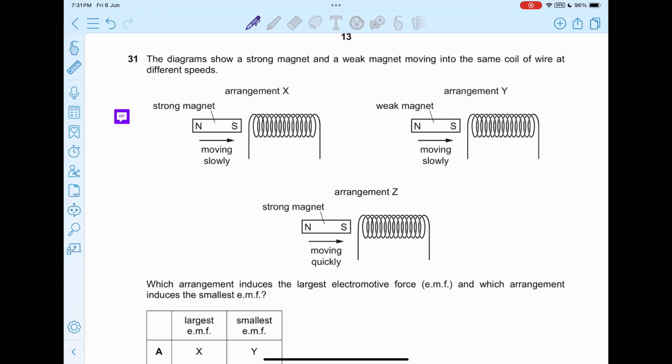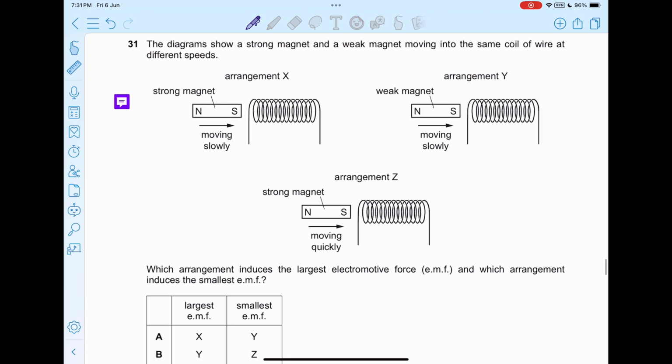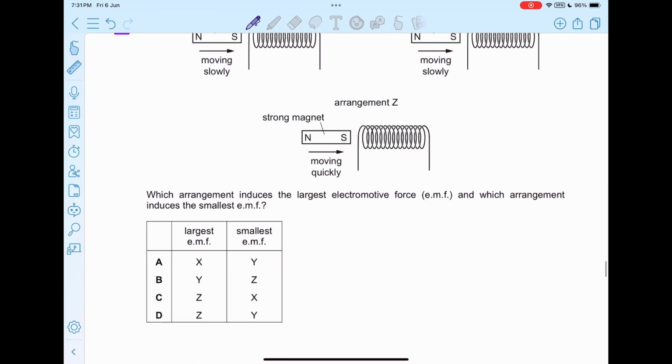Number 31, the diagram shows a strong magnet and a weak magnet moving into the same coil of wire at different speeds. Okay, the first arrangement shows a strong magnet moving slowly. The second one shows a weak magnet moving slowly, and the last one shows a magnet that's moving quickly.